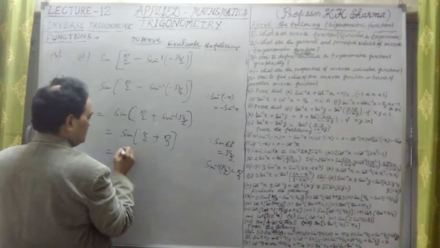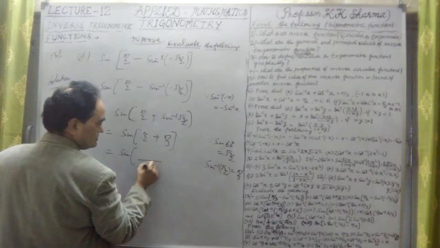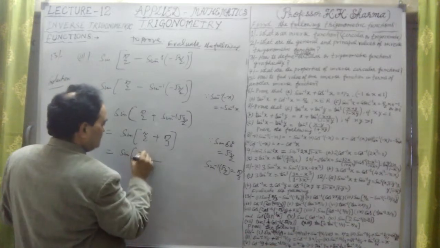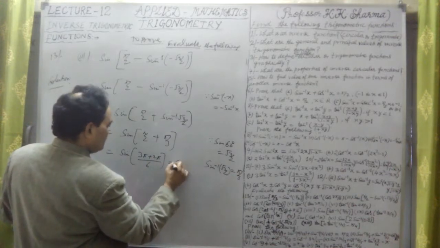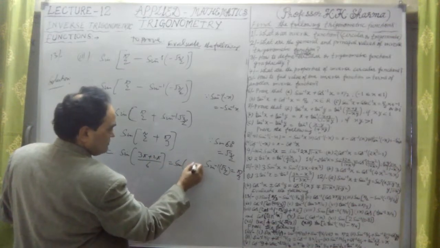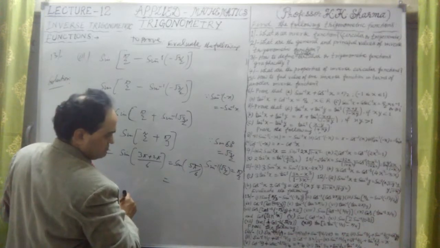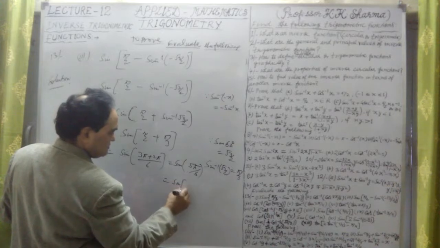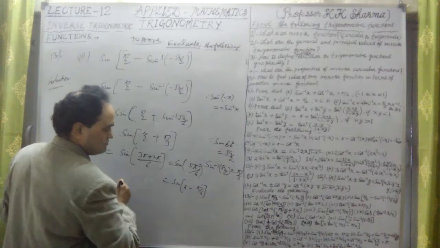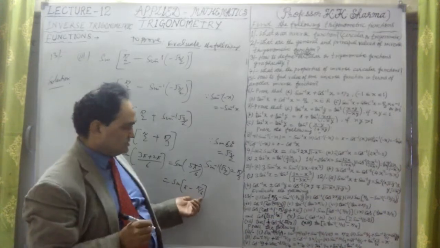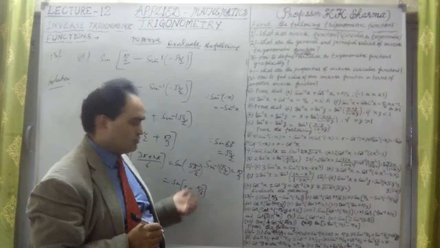Taking the LCM, 6, it gives us sine of 3 pi plus 2 pi, so sine of 5 pi by 6. It is 150 degree. Now this is in the second quadrant. 5 pi by 6 can be written as pi minus pi by 6, or 180 degree minus theta.